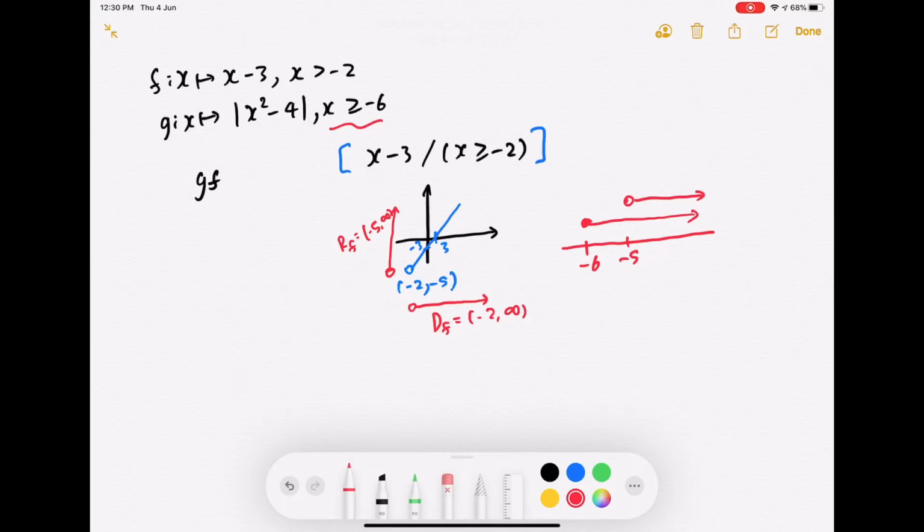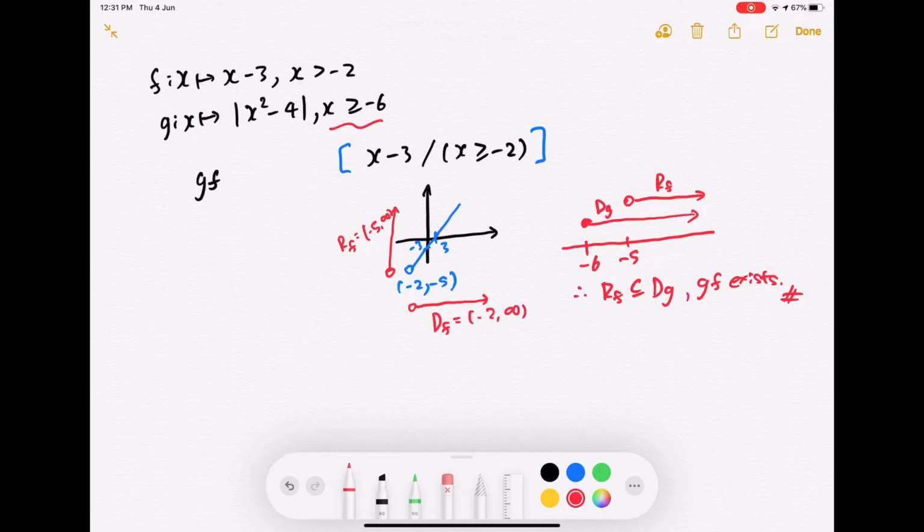So you can see very clearly Rf, and this is the domain of g. So Rf is a subset of Dg. Since Rf is a subset of Dg, this shows that gf exists. The composite function gf exists.